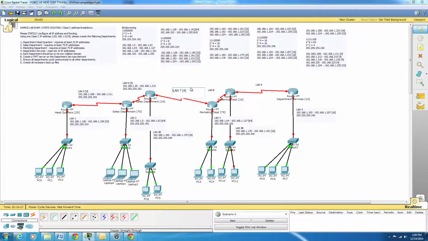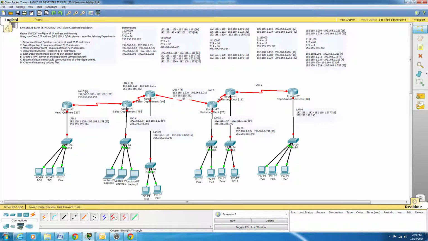Your third block of IP addresses for LAN 7 would be as follows: 192.168.1.216, and that goes to 192.168.1.219, and the subnet mask is 255.255.255.252.